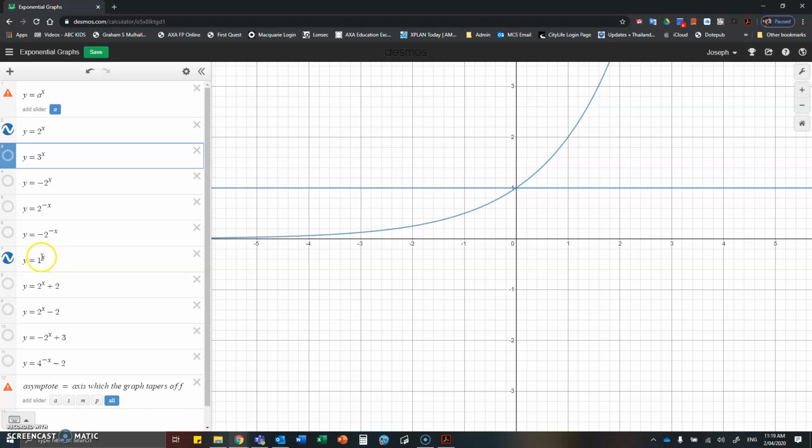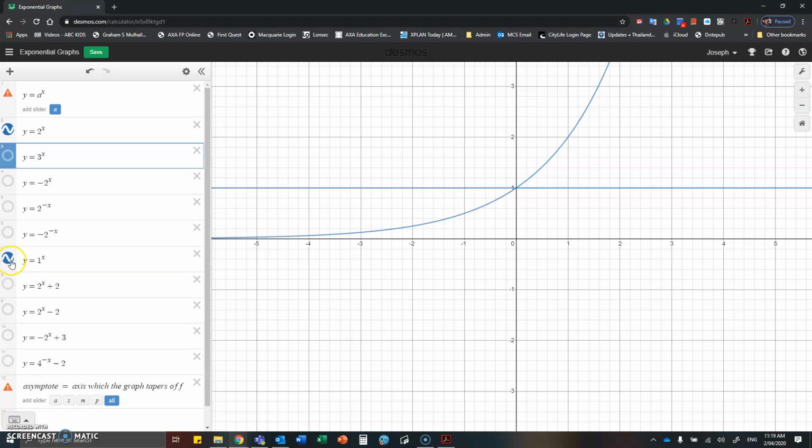But what really happens, if you think about it, if you substitute x for any value greater than 1, so 1, 2, 3, 2034, 1 to the power of that value is always going to be 1. So y equals 1 makes it just a horizontal line coming through the y-axis at 1. Hopefully that makes sense. It's no longer an exponential graph. It's just a linear graph going straight with no gradient.